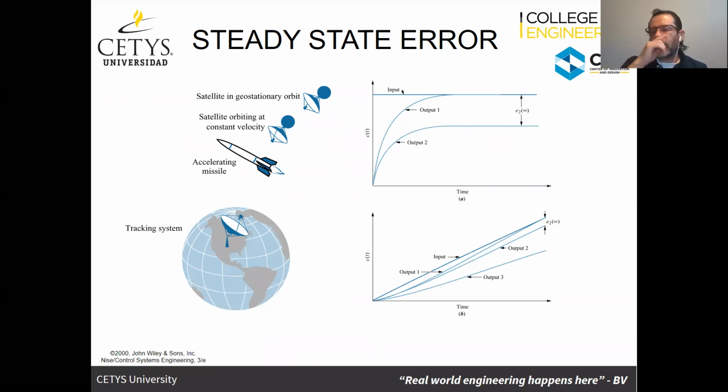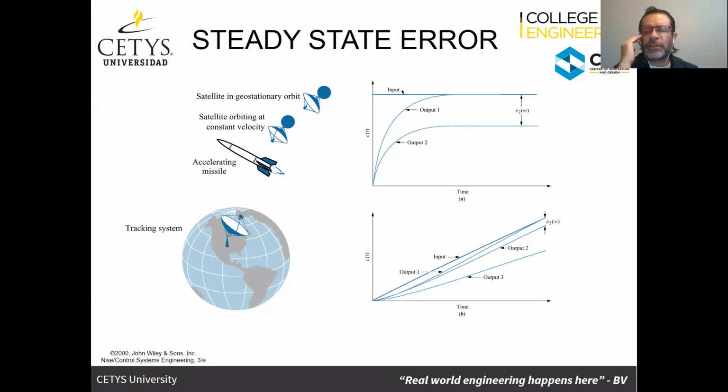Let's assume that we've got our antenna system. And let's assume that the antenna system is going to be used for different purposes. So the first purpose that we've talked about is making the antenna go to a certain position. And I think, again, that this was a question in the exam.